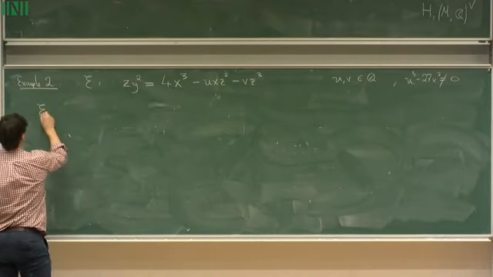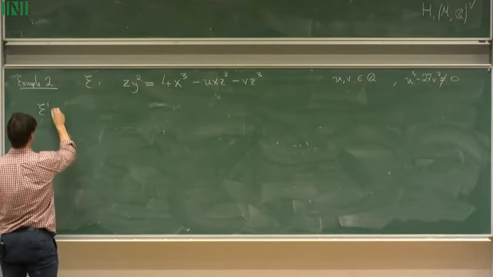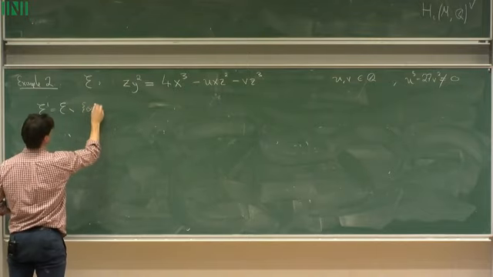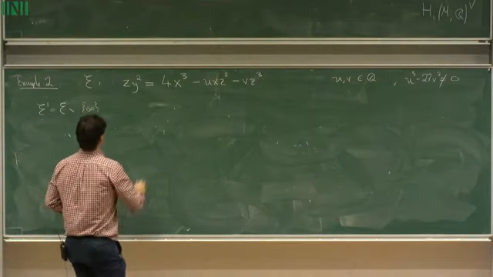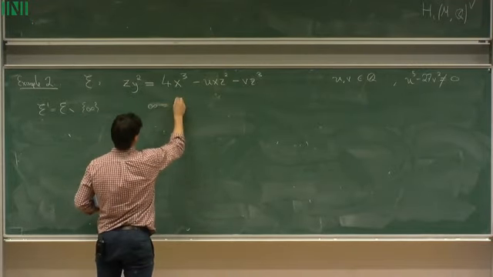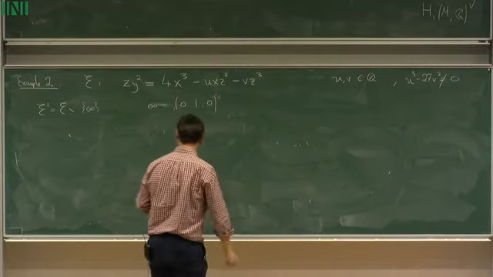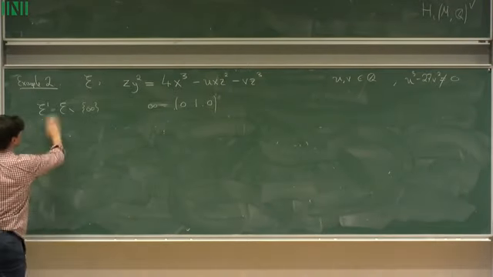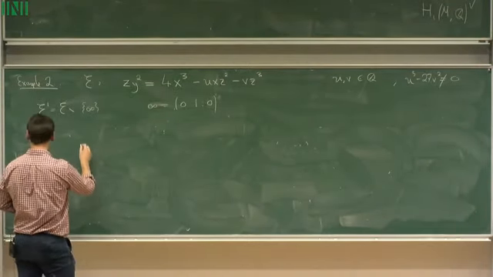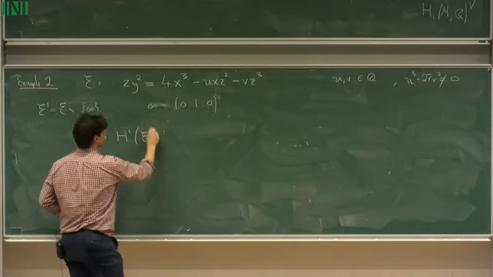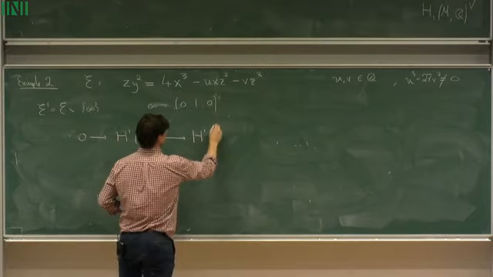So let's consider the punctured elliptic curve, E minus infinity. So infinity is the point 0, 1, 0 in projective coordinates. And removing a point doesn't change the cohomology. So there's a restriction map to E prime.